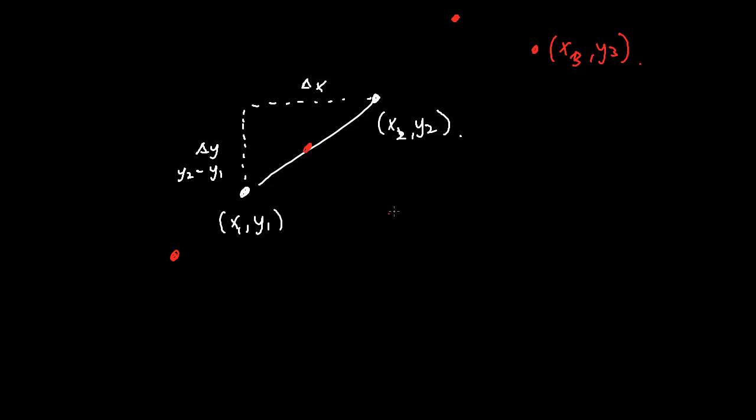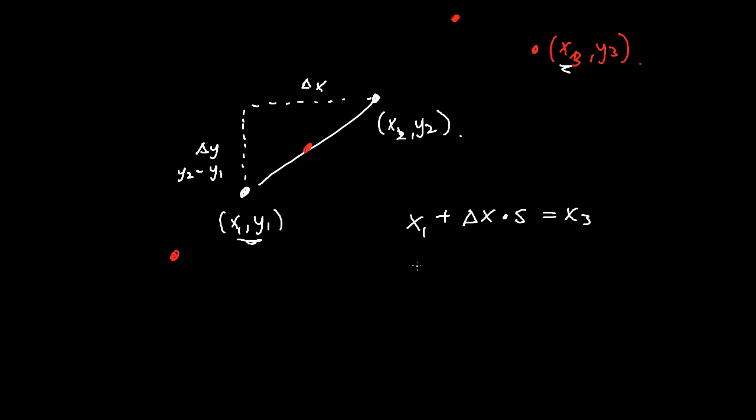So for example, what we'll have is from our starting position, x1 plus our step change in x times some amount of steps is going to get us to our destination x3.